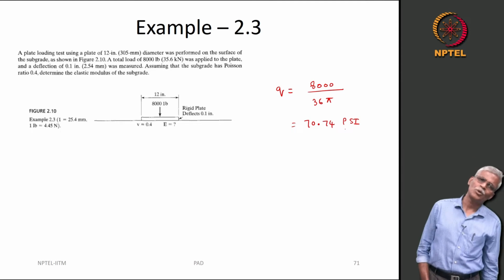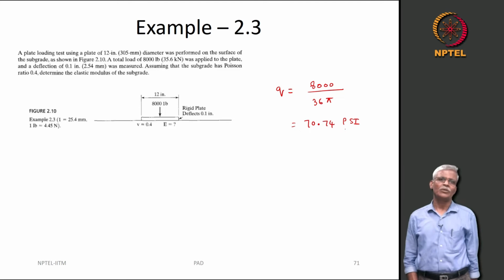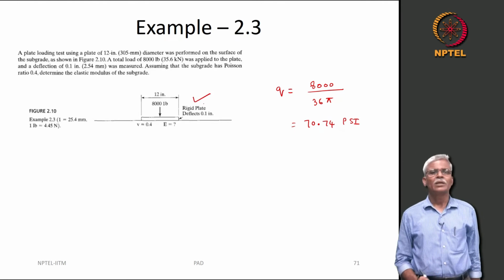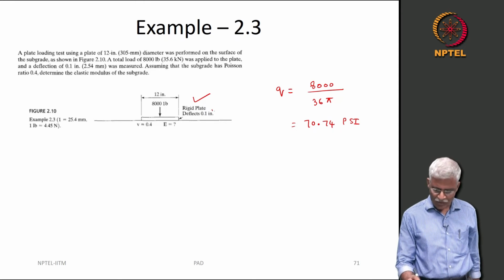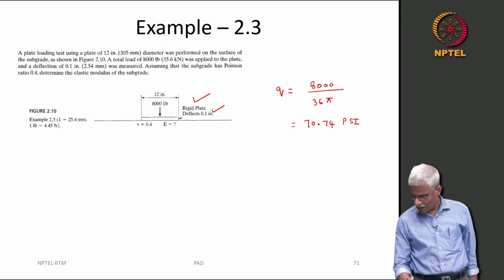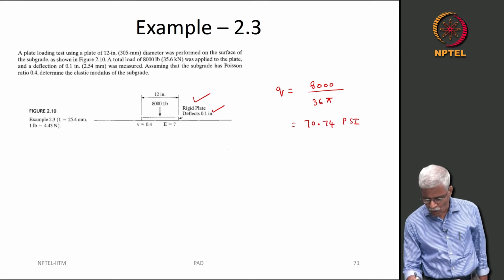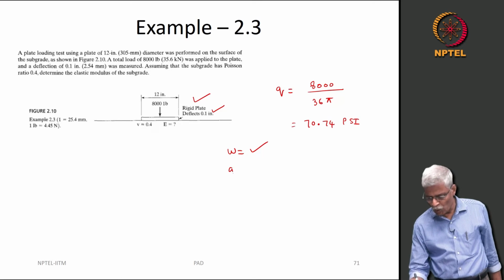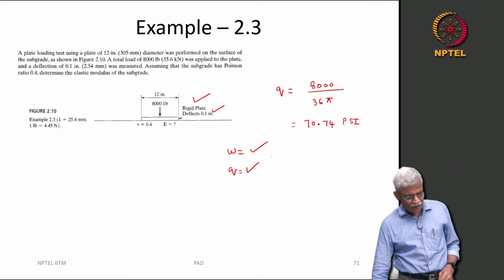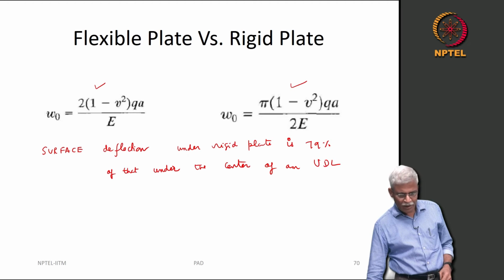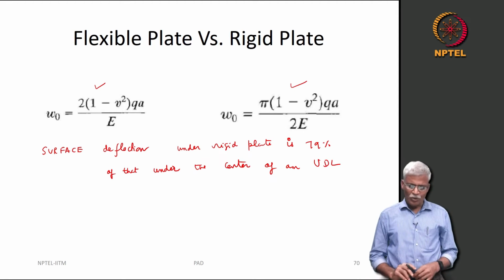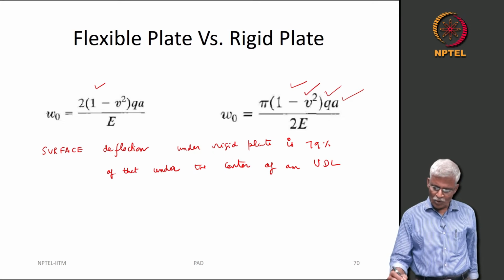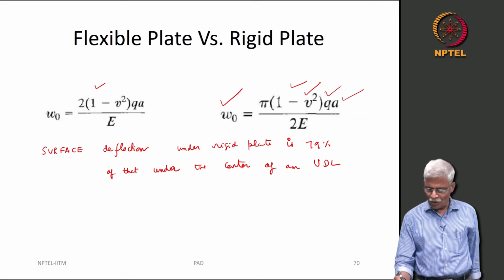Now, all you really need to do is use the appropriate equation. Which equation should you use, the one for the flexible plate or the rigid plate? Because you are using a rigid plate, you know the deflection of the rigid plate. W is known to you, Q is known to you, A is known to you, mu is known to you, W naught is known to you.